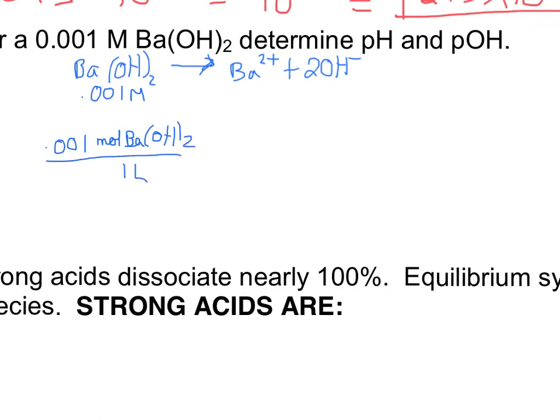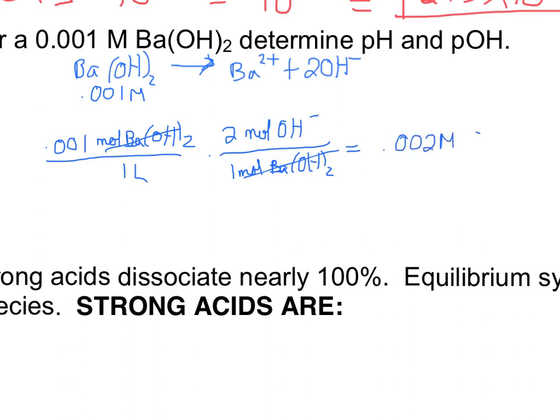And so to find the hydroxide ion concentration, you'd say for every 1 mole of barium hydroxide, you have 2 moles OH minus. So then these cancel. You end up with 0.002 moles per liter of the OH minus concentration.